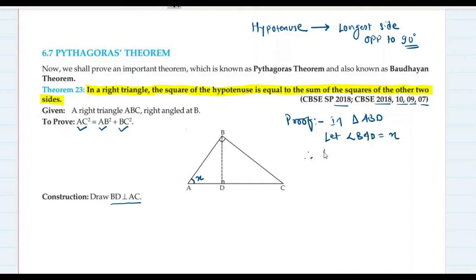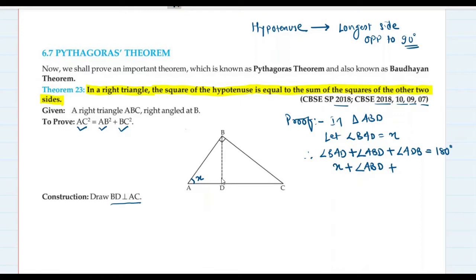Therefore, angle BAD plus angle ABD plus angle ADB is equal to 180 degree. What is BAD? X. What is angle ABD? We don't know. And what is angle ADB?